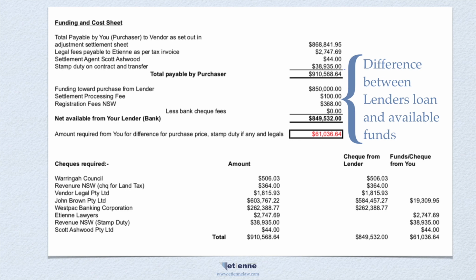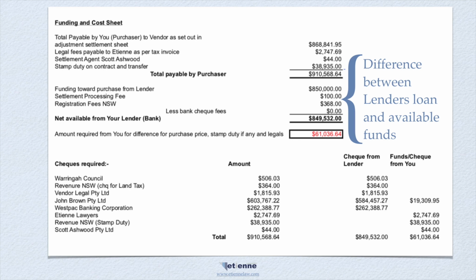In the example, while the total loan amount is $850,000, after deducting fees, the available funds to you at settlement is the amount of $849,532.